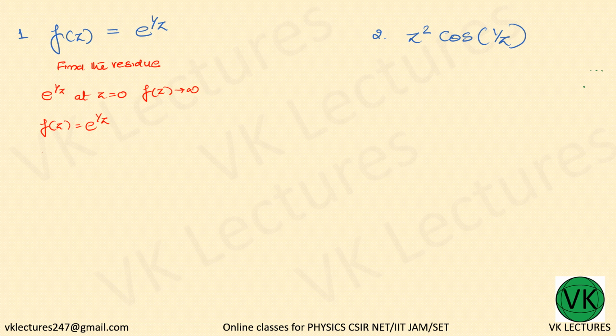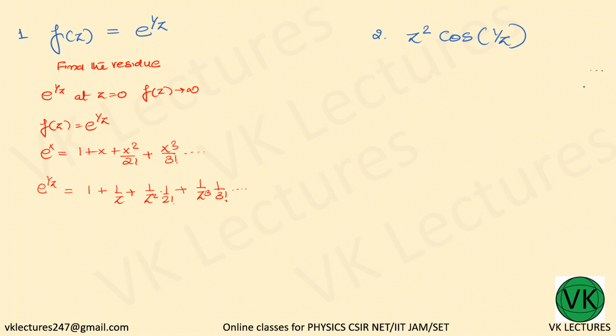So e to the power x is equal to 1 plus x plus x square by 2 factorial plus x cube by 3 factorial, etc. Now, e to the power 1 by z would be equal to 1 plus 1 by z plus 1 by z square into 1 by 2 factorial plus 1 by z cube into 1 by 3 factorial, etc. This is how you can define e to the power 1 by z.